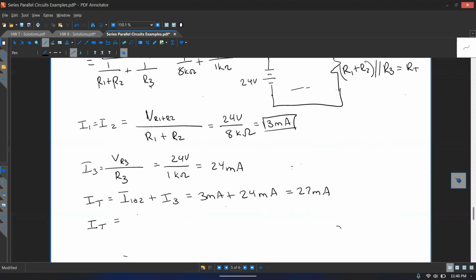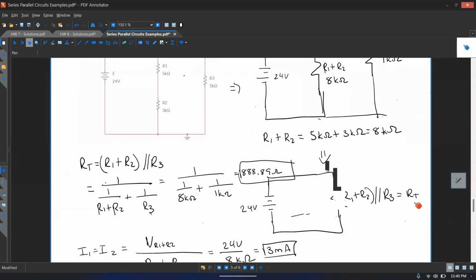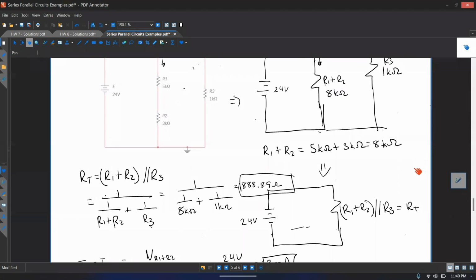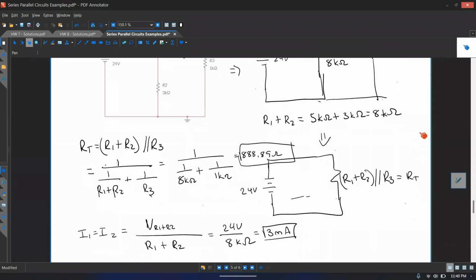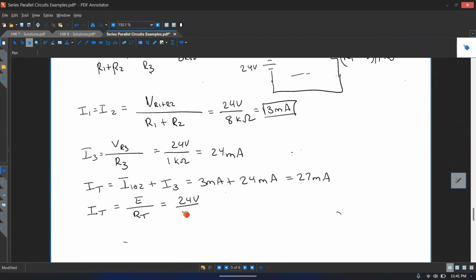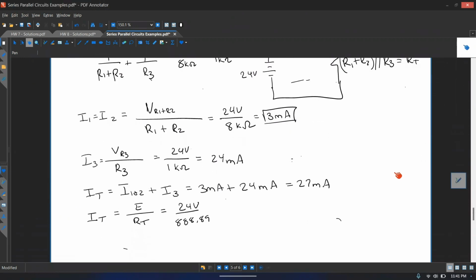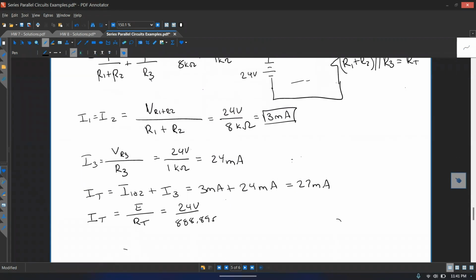So I total is equal to E over R total, which is 24 volts divided by R total, which equals 888.89 ohms.